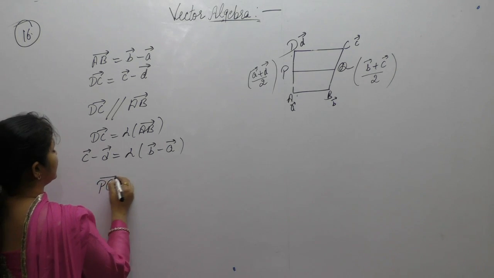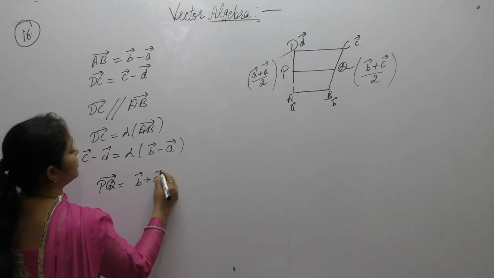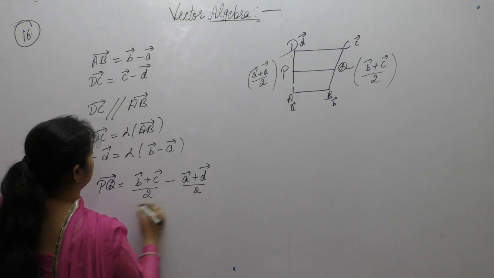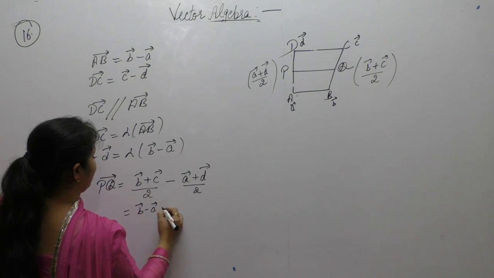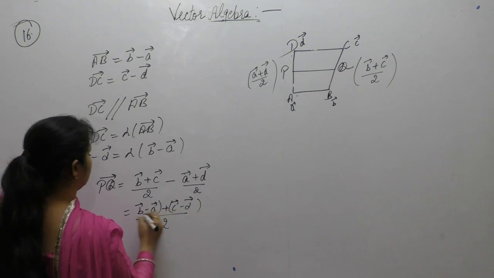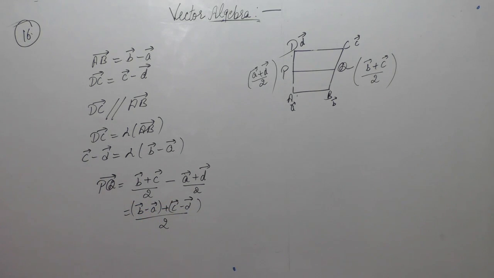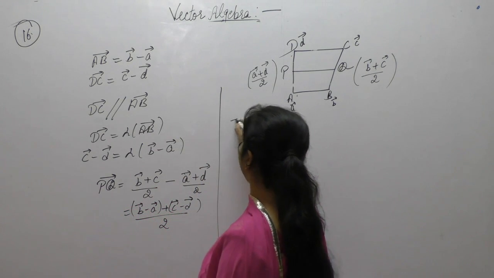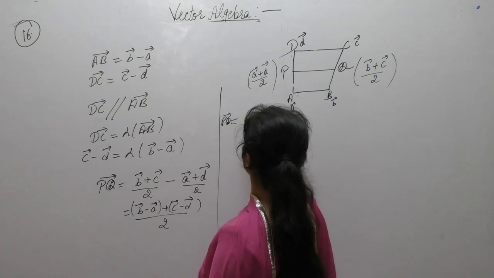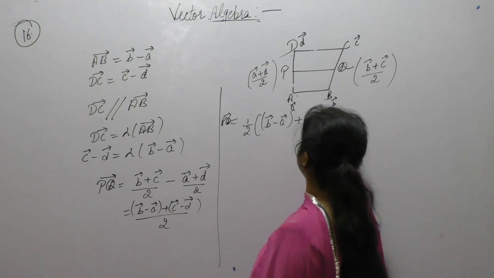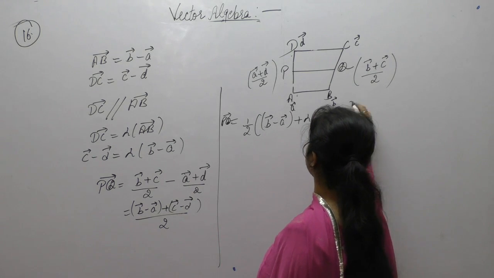Now PQ vector equals position vector of Q minus position vector of P, which is B vector minus A vector plus C vector minus D vector upon 2. Instead of C vector minus D vector we can write 1 by 2 of B vector minus A vector plus lambda times B vector minus A vector.